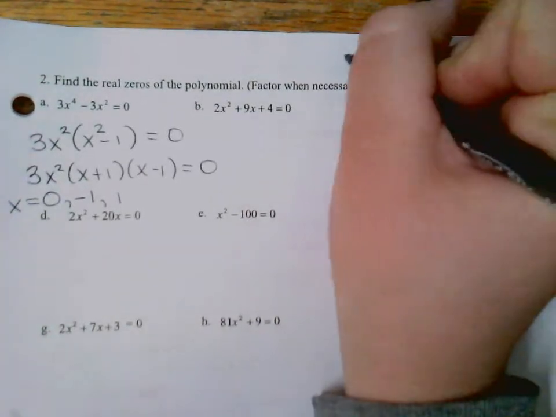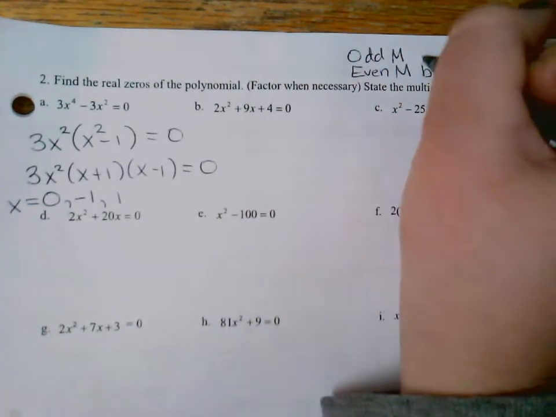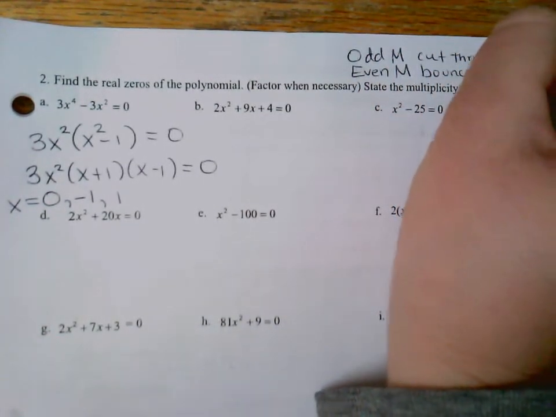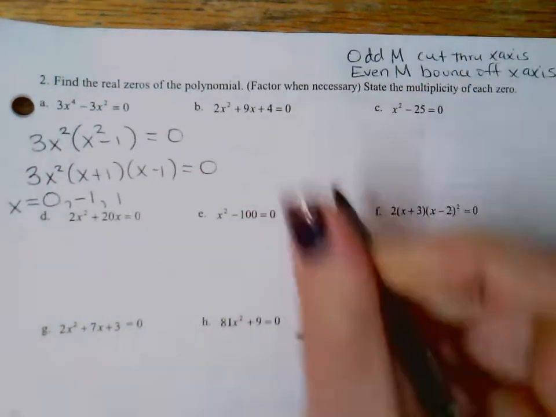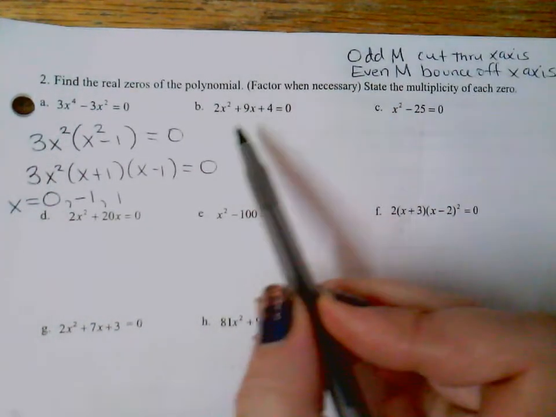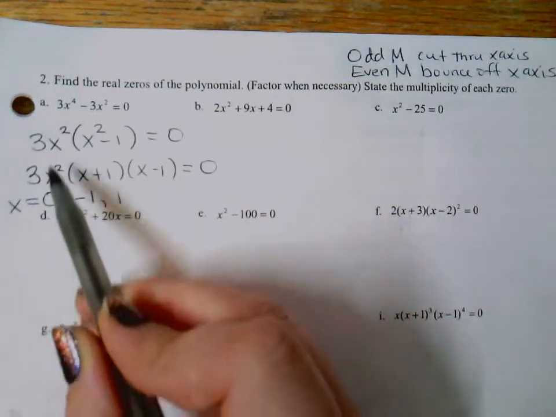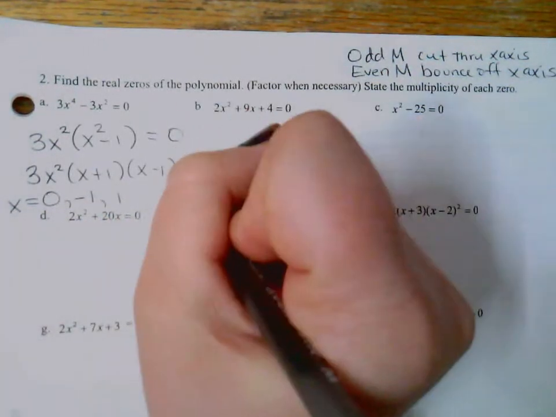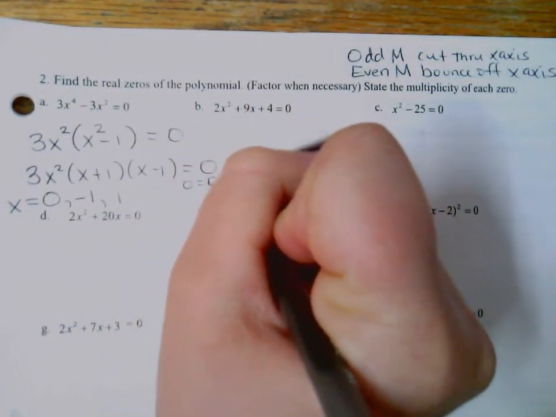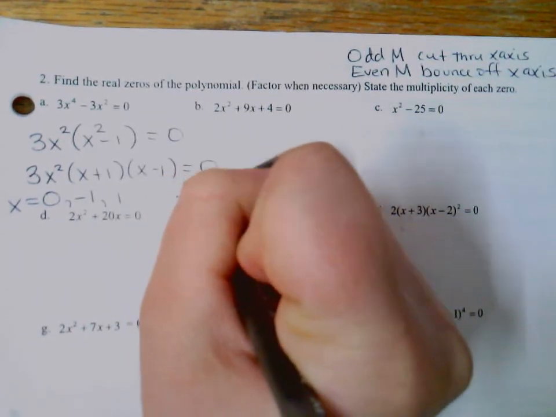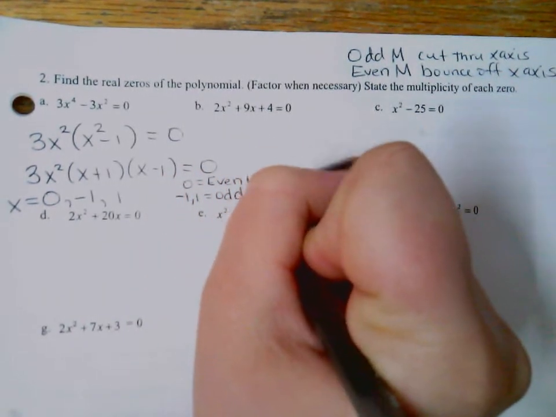Odd multiplicity will cut through the x-axis. So 0 is going to have even multiplicity. Negative 1 and 1 are odd multiplicity.